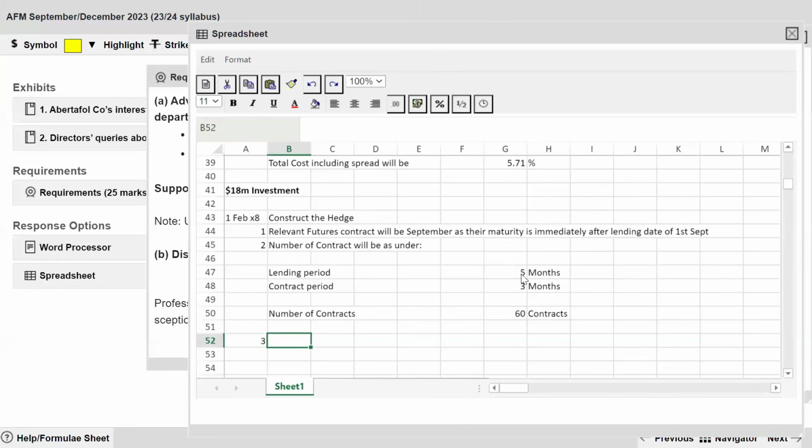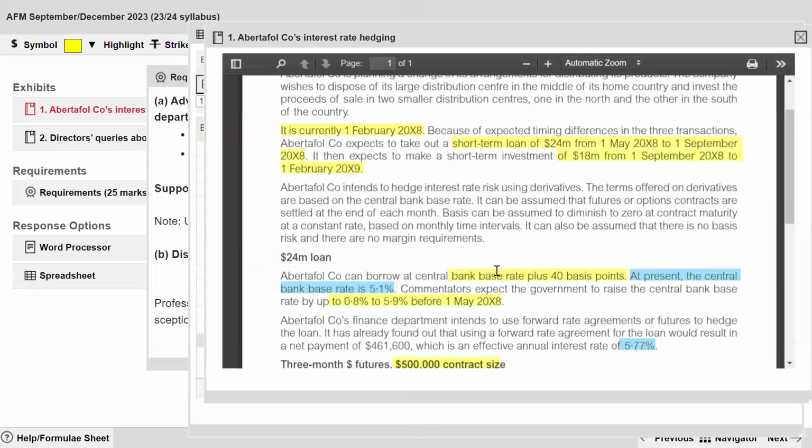Number 3, you've got 60 contracts, right? Now what do we need to do?